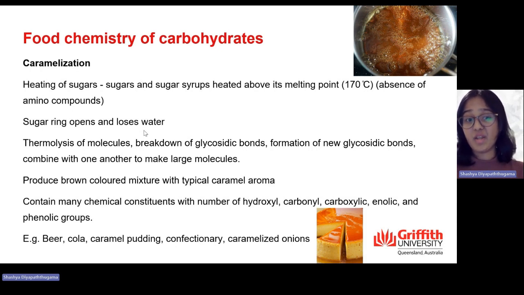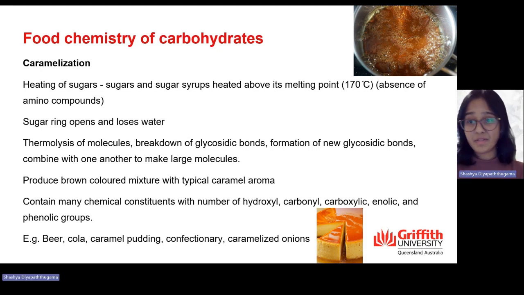So sugar rings open and lose water, and then they break down the existing glycosidic bonds, and then they form new glycosidic bonds. They combine with each other and then form larger molecules. As a result, they produce different brown colored products, and you get the typical caramel aroma.